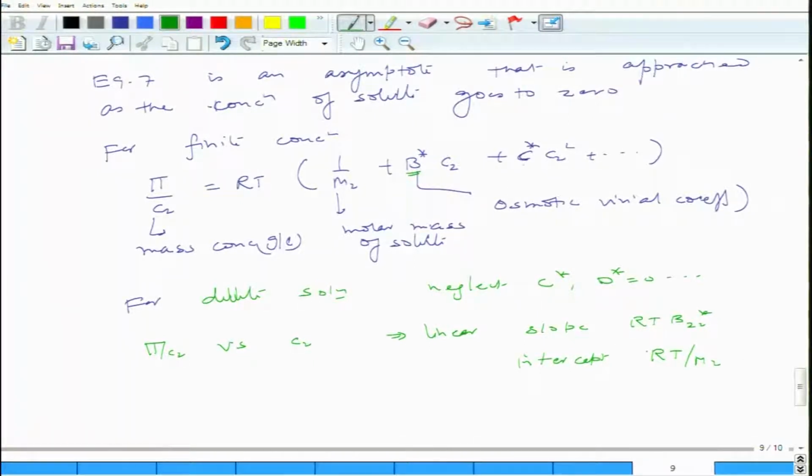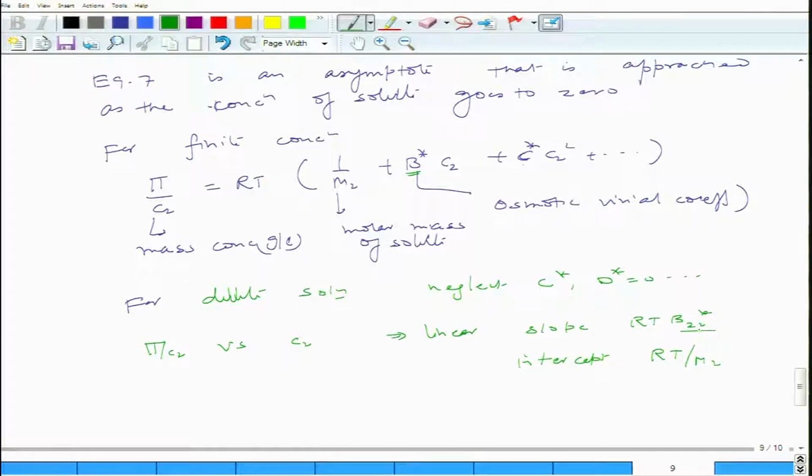Now, this B2 star is extremely useful information, because it gives you the interaction between the particles in solution, and you can understand how the solute molecules interact.